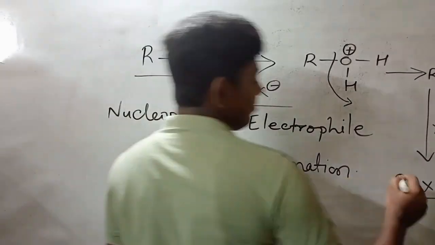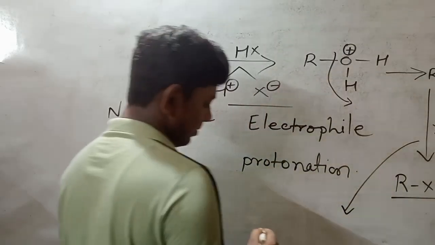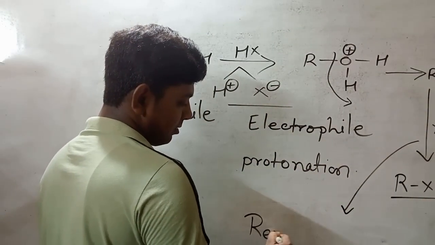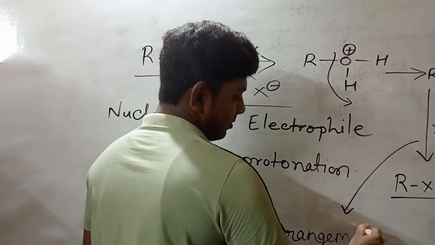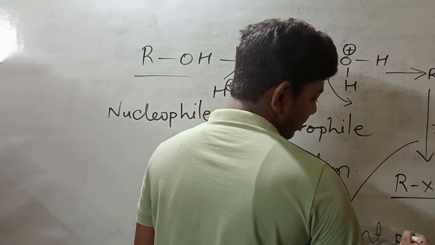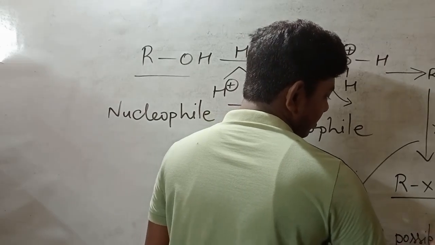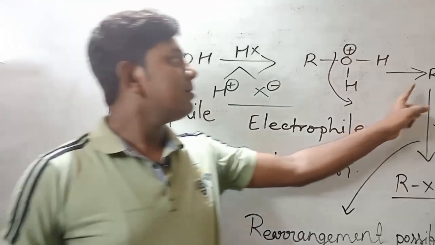So here rearrangement is possible. In these cases, rearrangement is possible. How many types of rearrangement are possible here?